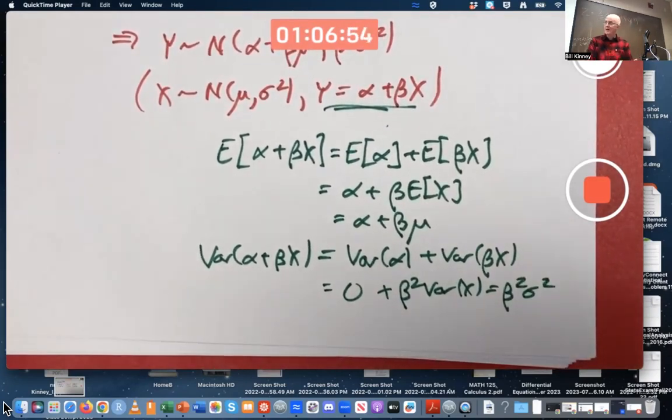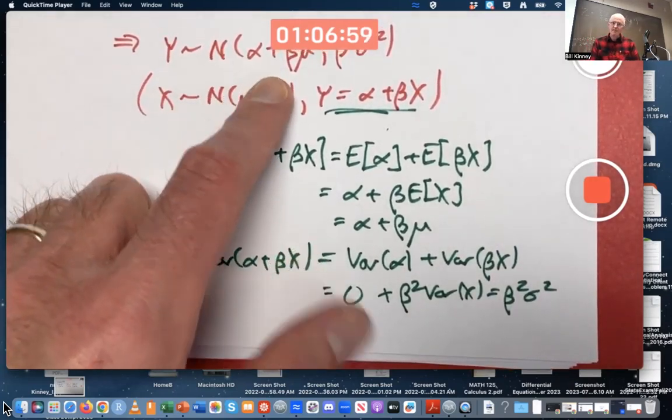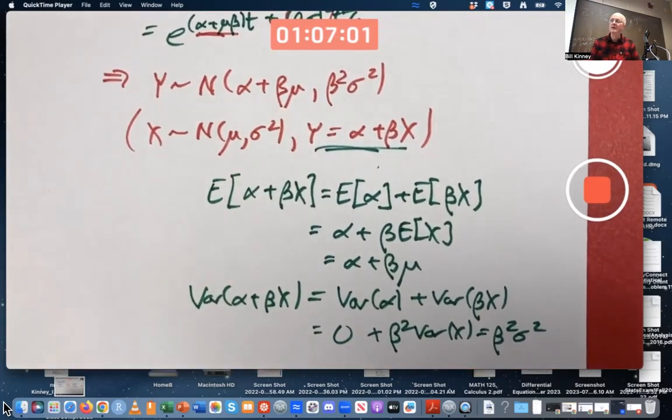So that's what we knew back in chapter 3. Verifying that we have the right mean and the right variance. Again, what's new here is now we can say y is also normal if x is normal. So it's still worth doing, confirming that the distribution is normal.